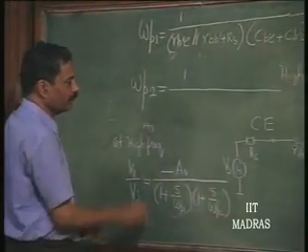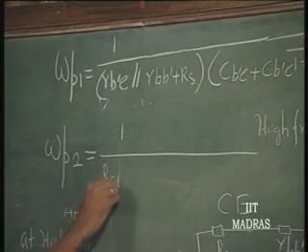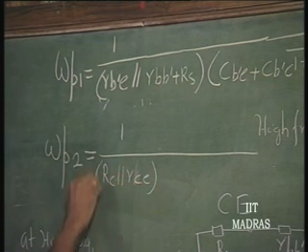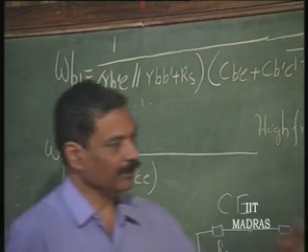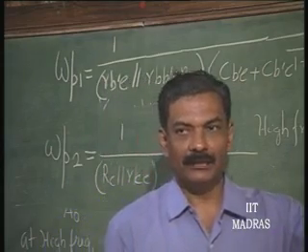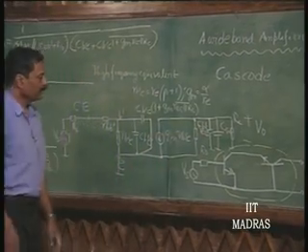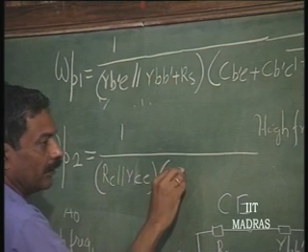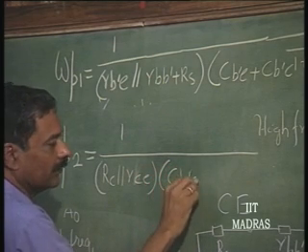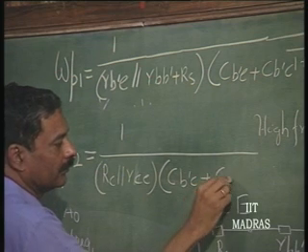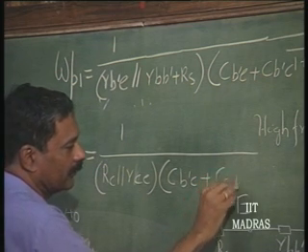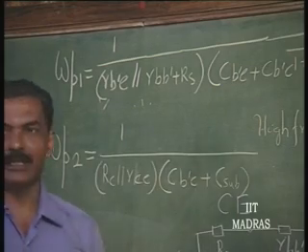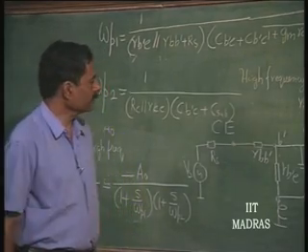Effective resistance is simply R C parallel R C E, and effective capacitance is C B dash C plus C substrate, which is also called C stray, okay, any stray capacitance that comes.